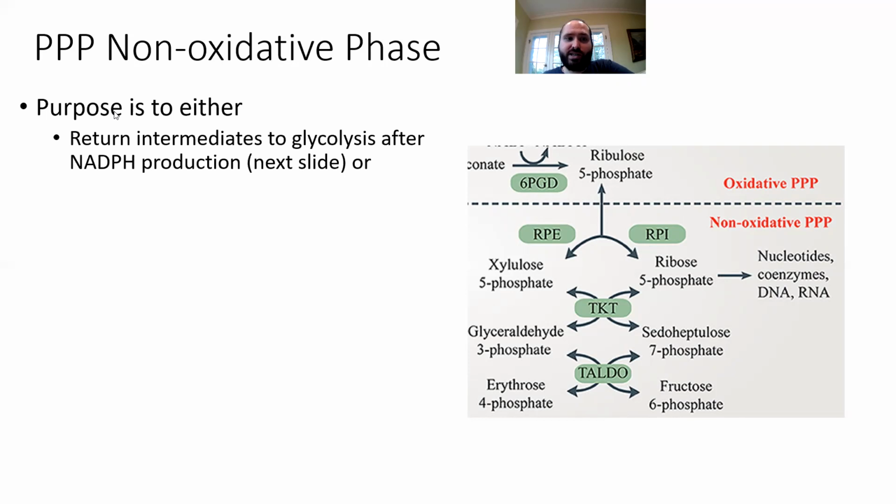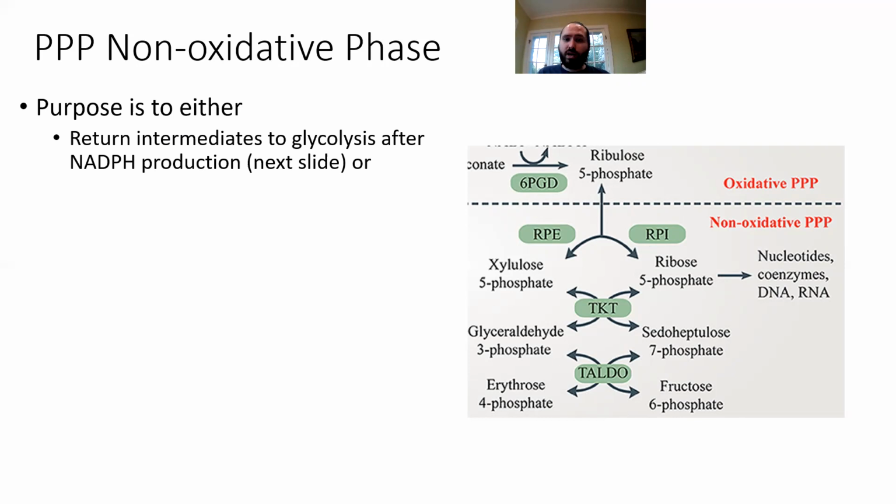The purpose, therefore, of the non-oxidative phase would be, and we'll look at this on the next slide, returning intermediates to glycolysis post NADPH production. So for instance, if we need NADPH, but we don't need nucleotide precursors, such as from ribose 5-phosphate, then we don't need to send that over to organelles that are going to make nucleotides.